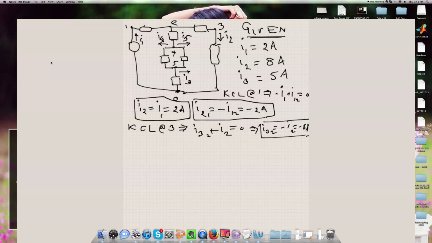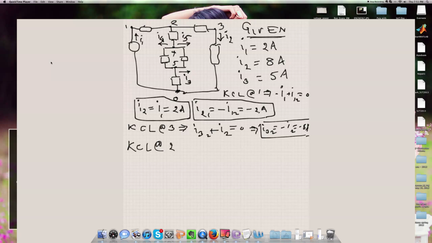Next, we have to determine I24. So it has to do with node number 2. Notice node 2 has 3 branches. The one on the left, but first let's write KCL at node number 2. So this has got 3 branches, like I said.